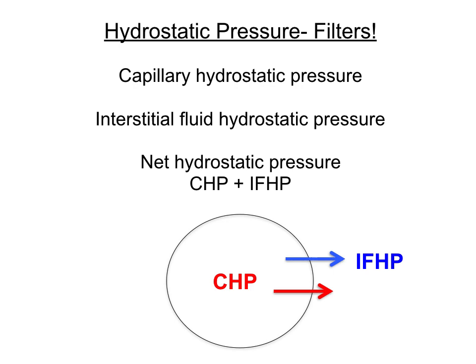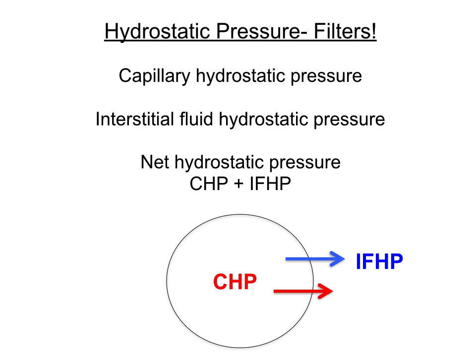The first is capillary hydrostatic pressure, which has a pressure gradient of 30 millimeters of mercury at your arterial end to about 10 millimeters of mercury at your venous end. Now, the goal of capillary hydrostatic pressure is to push fluid from your blood outward across the capillary wall and into interstitial fluid.